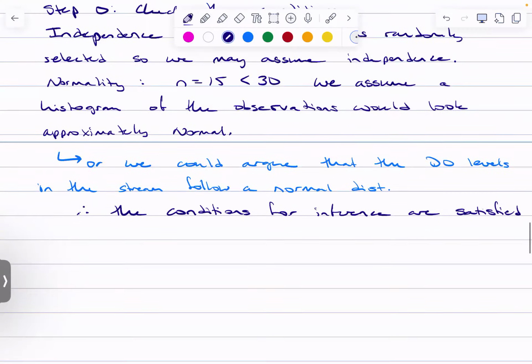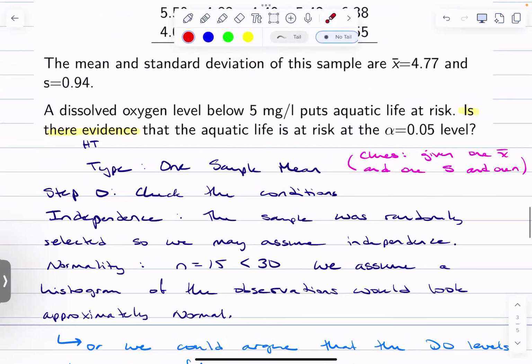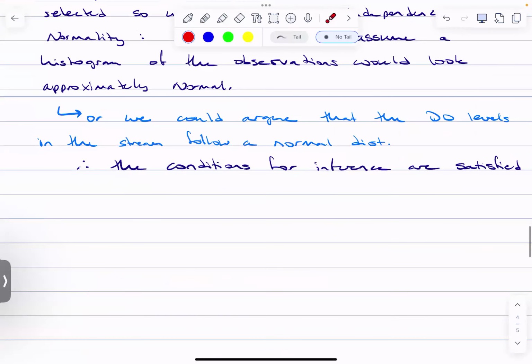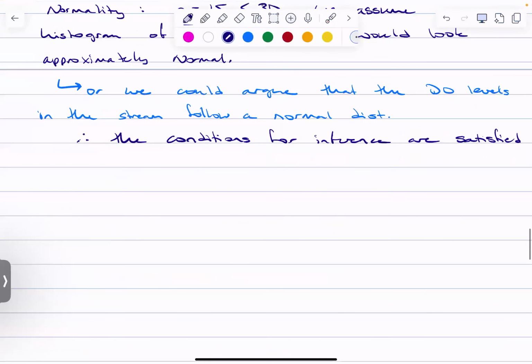We wanted to do a hypothesis test because we want to know, is there evidence that the aquatic life is at risk? What does it mean for the aquatic life to be at risk? That's if the average dissolved oxygen level is below 5. And so that gives me a clue for my null hypothesis.